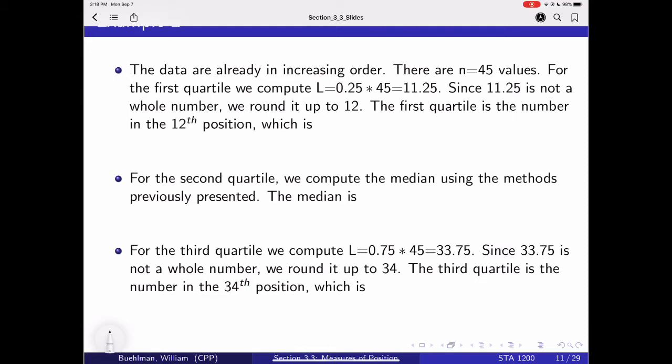So if we look back at our data set, Q1 is going to be the number in the 12th position, which is 0.92. For the second quartile, we compute the median using the methods previously presented. Again, the middle number. The median here, Q2, is equal to 3.12.